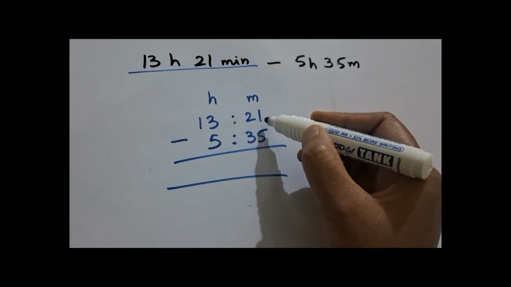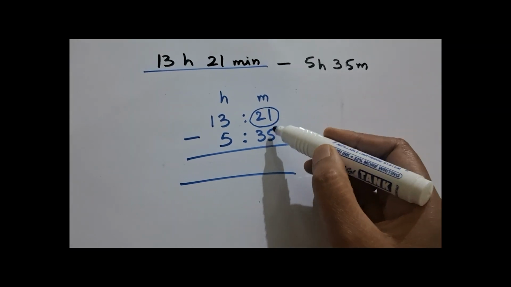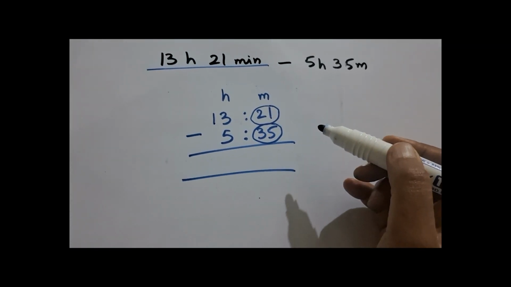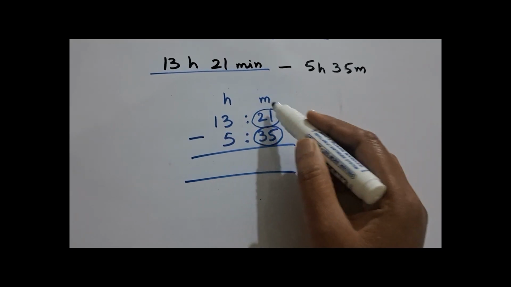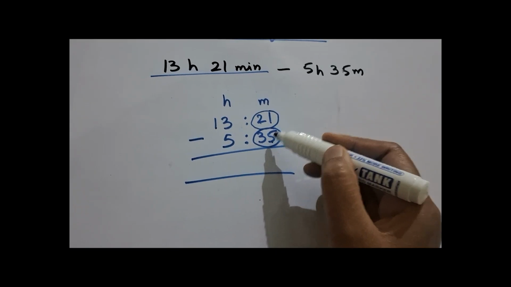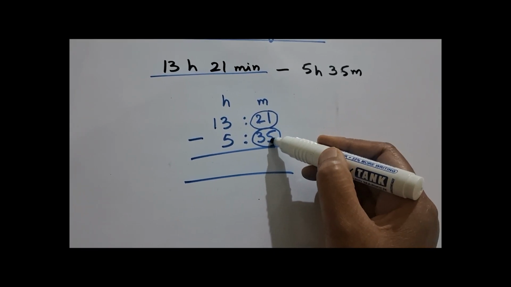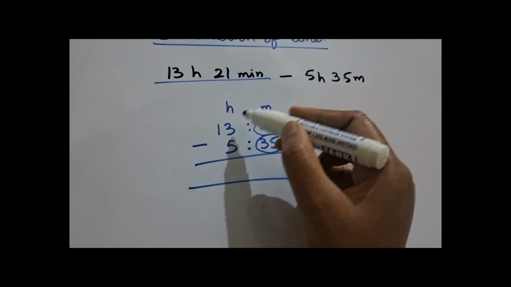So here we can easily observe, children, that 21 minutes is less than 35 minutes, isn't it? So we need carry, because we can't subtract 35 from 21. This is a small number, this is a big number. A big number cannot be subtracted from a small number, so we need carry.